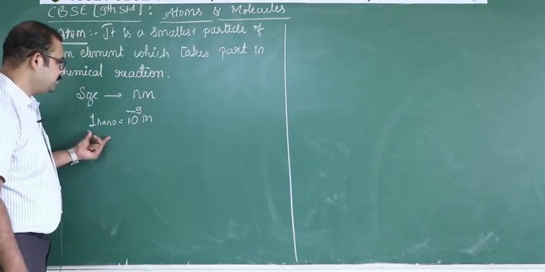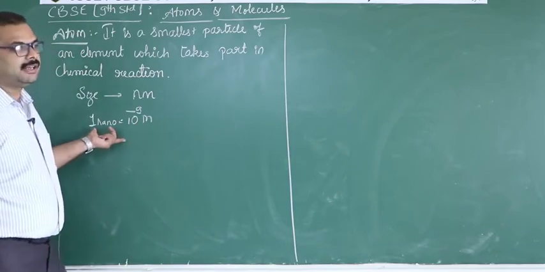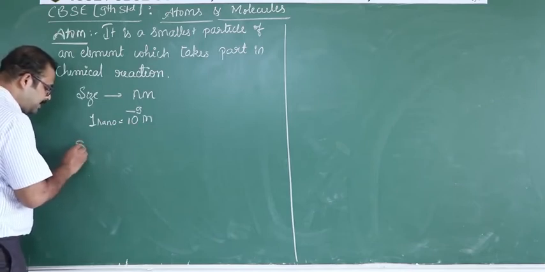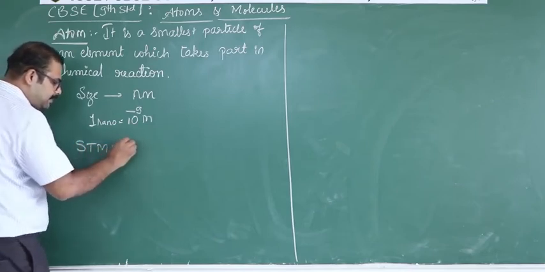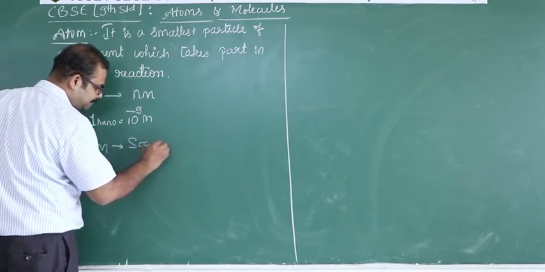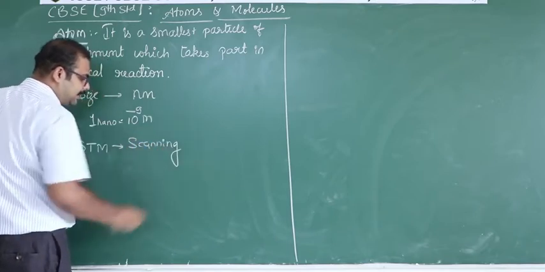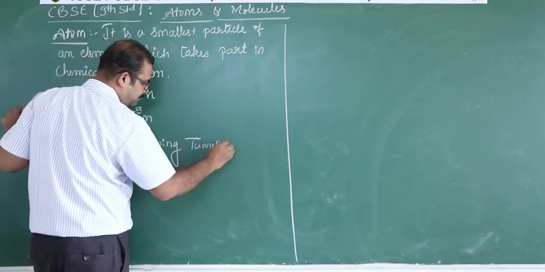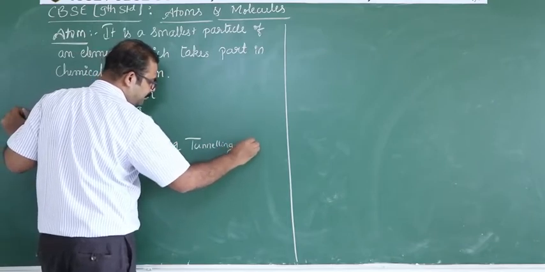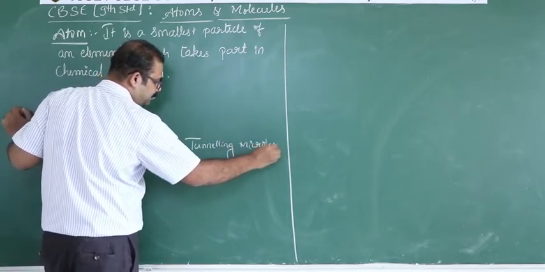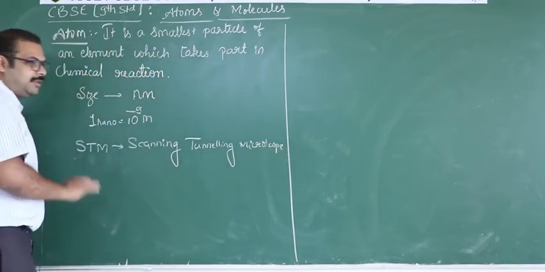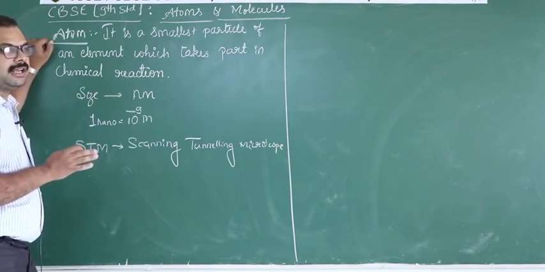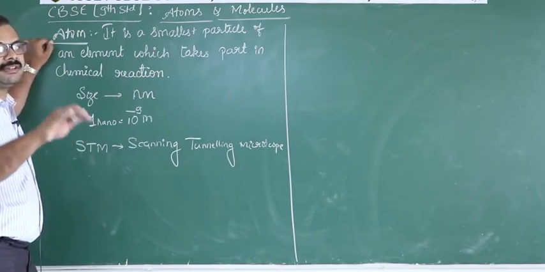Then, if you observe the surface of an element by using an STM, which stands for scanning tunneling microscope, this microscope provides computer based diagrams or images of the surface of the atom.